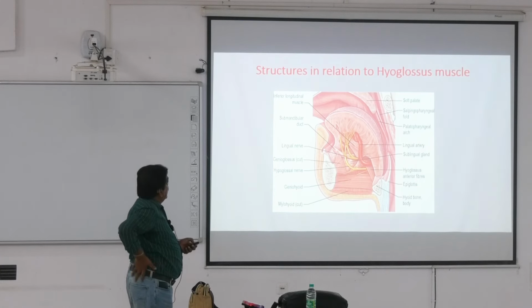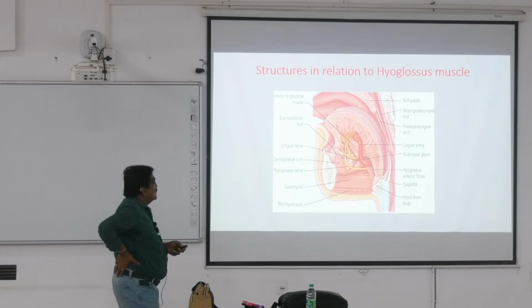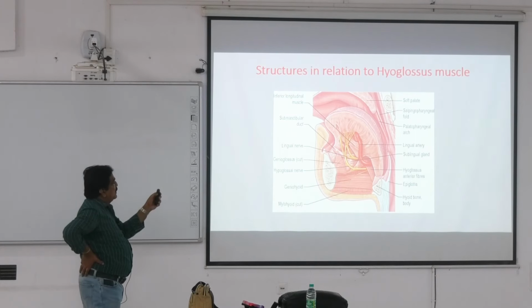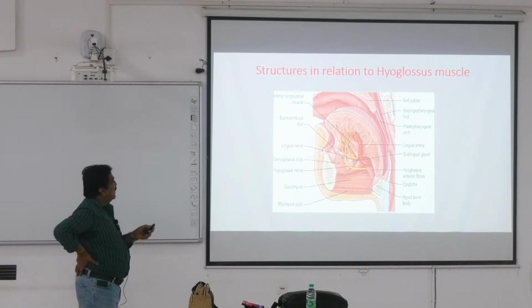Structures in relation to the hyoglossus. Now this is this content. The structures in relation, 5 marks. You have to draw a picture diagram, the nerves and the relation of the lingual artery.